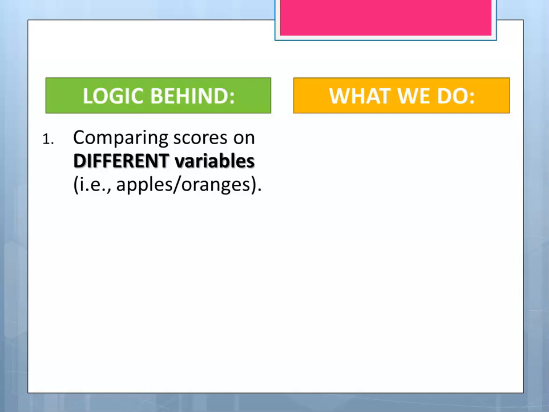So we have two different variables that are like comparing apples to oranges. How do we compare apples to oranges? Well, we can't. Rather, we have to convert them both into pineapples to compare them to each other. Therefore, we have to convert the x and the y scores into z-scores.